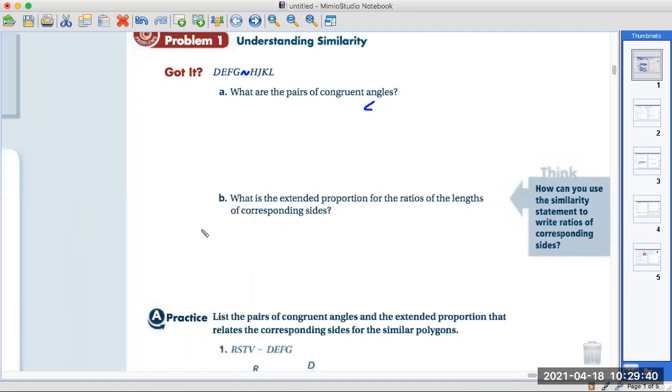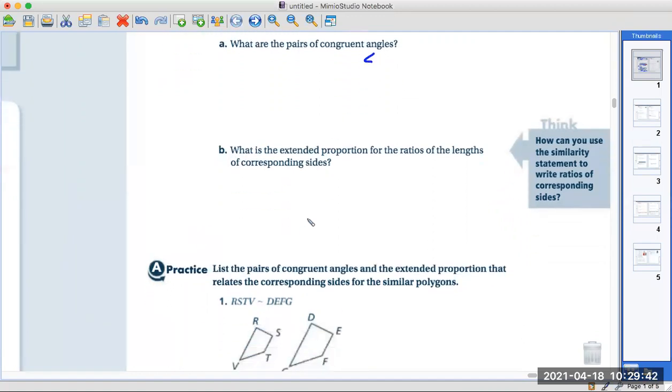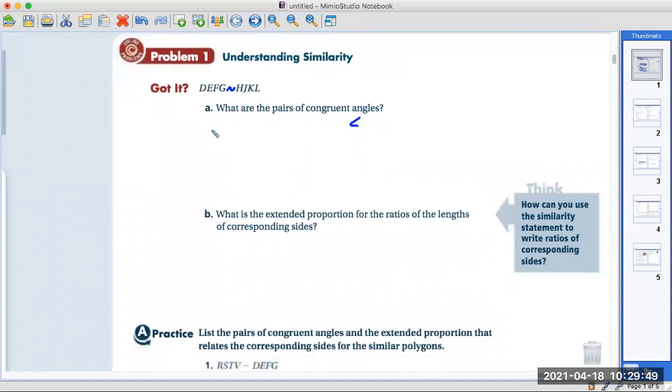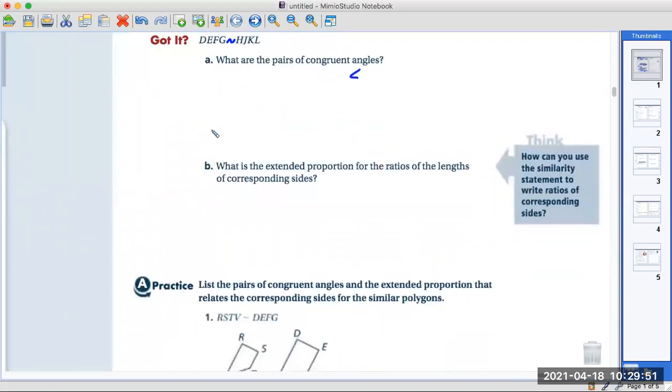But we are going to write the extended proportion for the ratios of the lengths of corresponding sides. So you're matching up the letters again. Remember, it's a quadrilateral, so I'm starting out with the first one, side DE over HJ is equal to, now I'm going back to the first one. That's where I started.